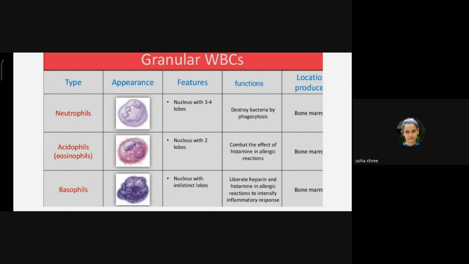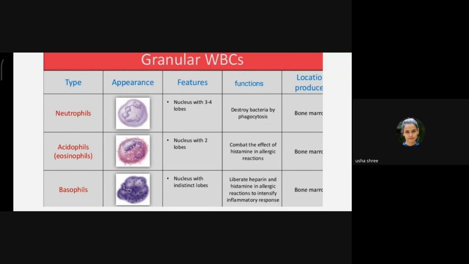And next is basophil. Basophil is nucleus with indistinct lobes. Means the lobes of basophils are not distinct. And functions of basophils are liberate heparin and histamine in allergic reactions to intensify inflammation response.